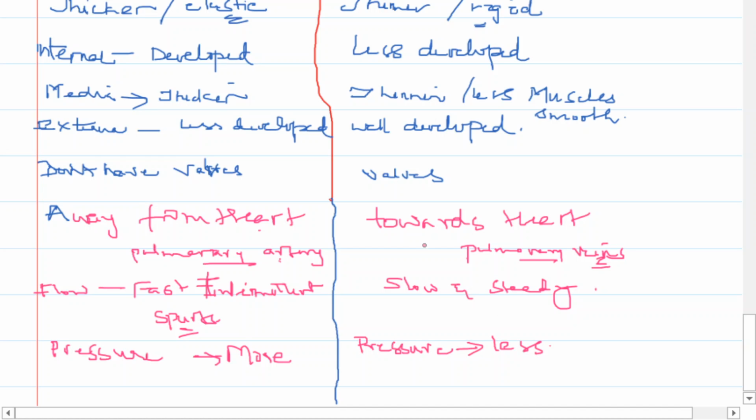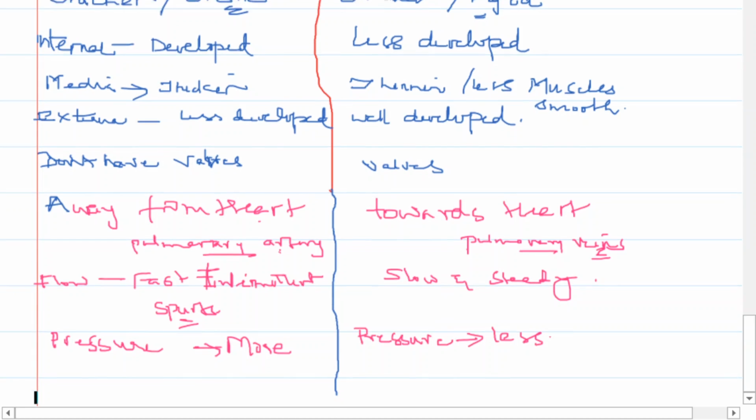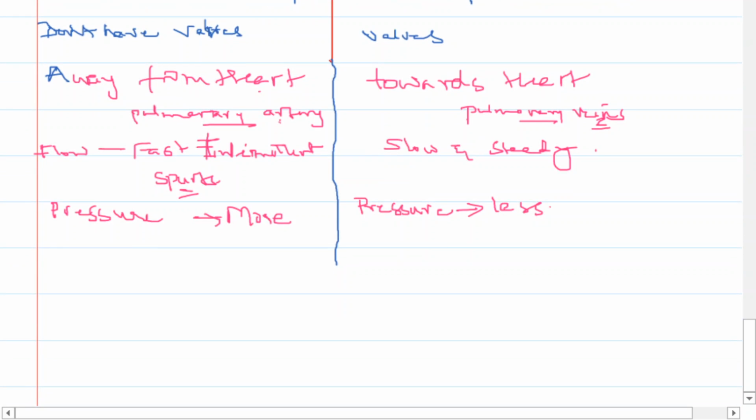It loses all its pressure by the time it comes through the capillaries, in through the venules, and into the veins. After death, what happens? After death, the arteries usually don't have any blood in them, but the veins still carry blood.